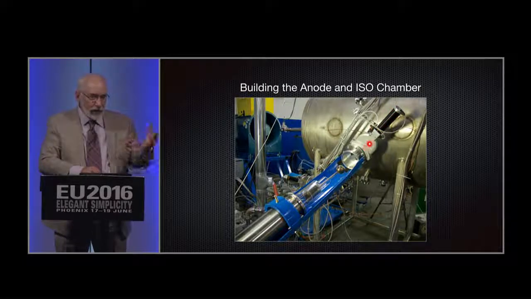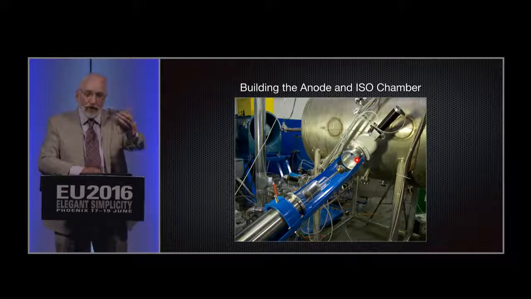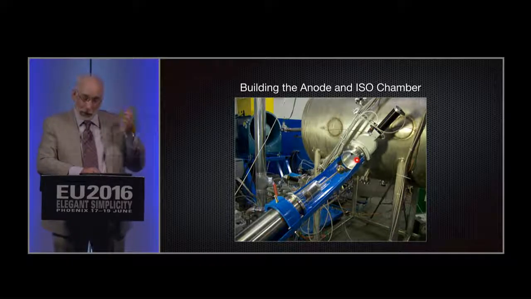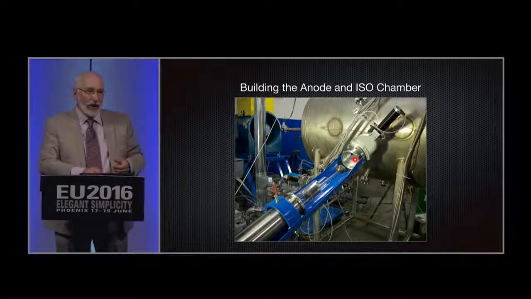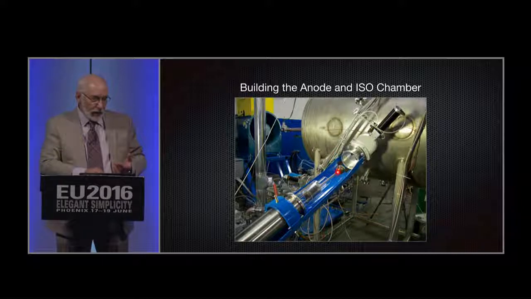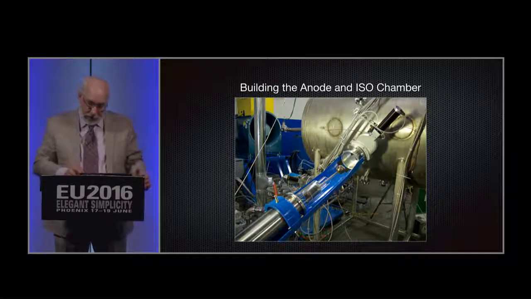Right now the chamber can be in vacuum. We pull the anode out first. Then we close the gate valve, and then we open up the isolation chamber here so that we can get to the anode and replace it or do whatever kind of work that we want. Then we close it back up, open up the gate valve, and we can bring the anode back into the chamber, and it works pretty slick.